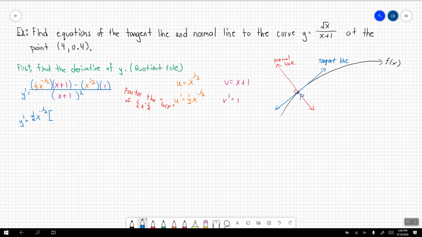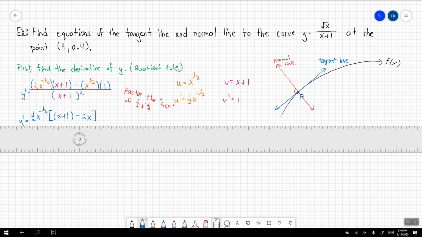Factoring from the numerator, that whole first term, I factored out the 1/2 x to the power of negative 1/2, which means we're only left with x plus 1, minus the second factor. I'm factoring out 1/2, so when I distribute, I need to have a 2 remaining. That way 2 times 1/2 gets me the 1. And then x to the power of negative 1/2, I took this out, meaning I factored it. So when I redistribute, I need to have an x to multiply it by. That way the exponents add, and negative 1/2 plus 1 should get me 1/2.